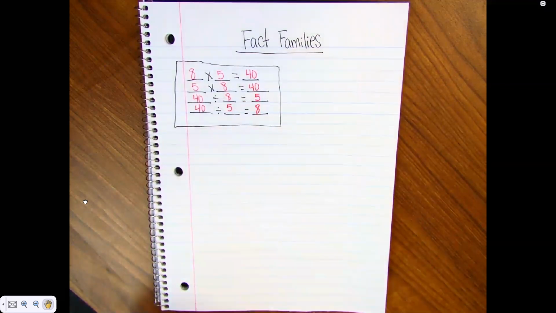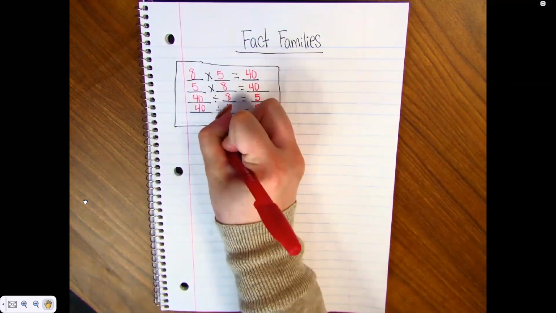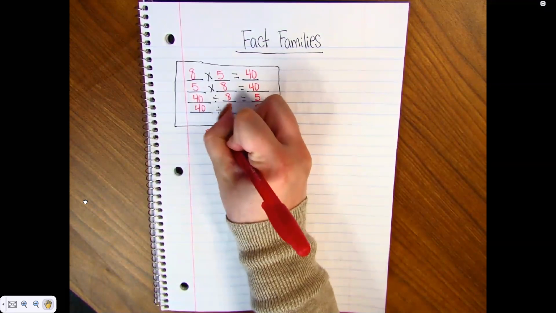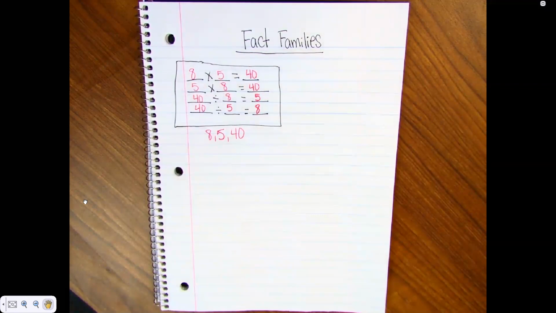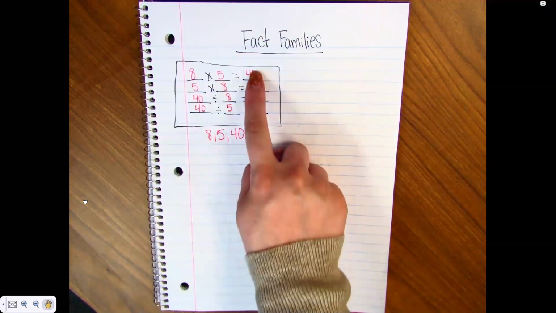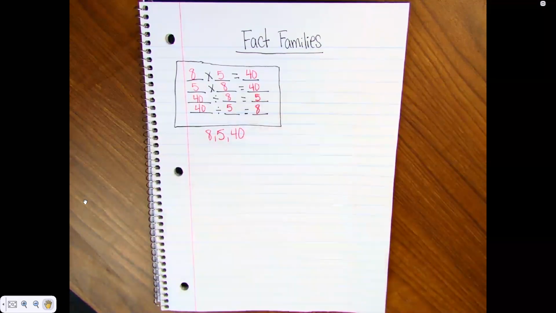So you see, I'm just switching the numbers 8, 5, and 40 around. I'm not switching them around wherever I want, all willy-nilly, but I'm switching them to where they would equal, right? 40, 40, 8, 8, and then 5.